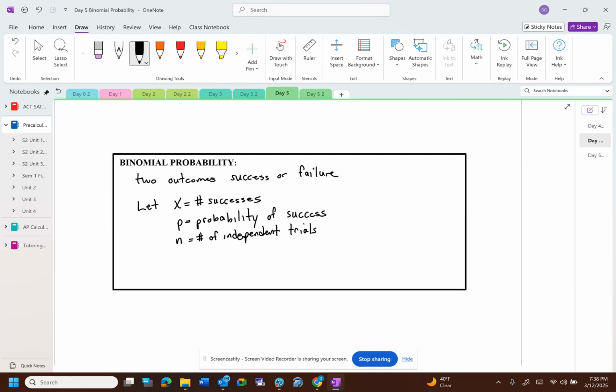It's really important to understand that these trials have to be independent. One cannot affect the other. So then the probability of x successes is n choose x, p to the x, 1 minus p to the n minus x. Okay, and that's it. That's binomial probability.